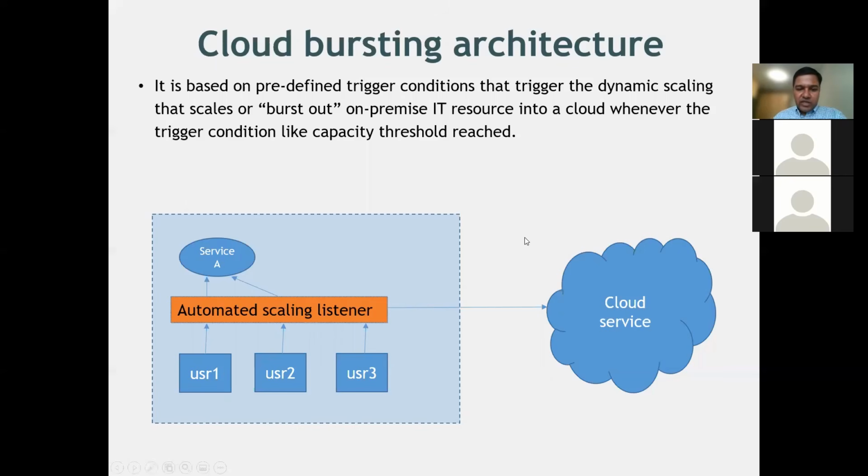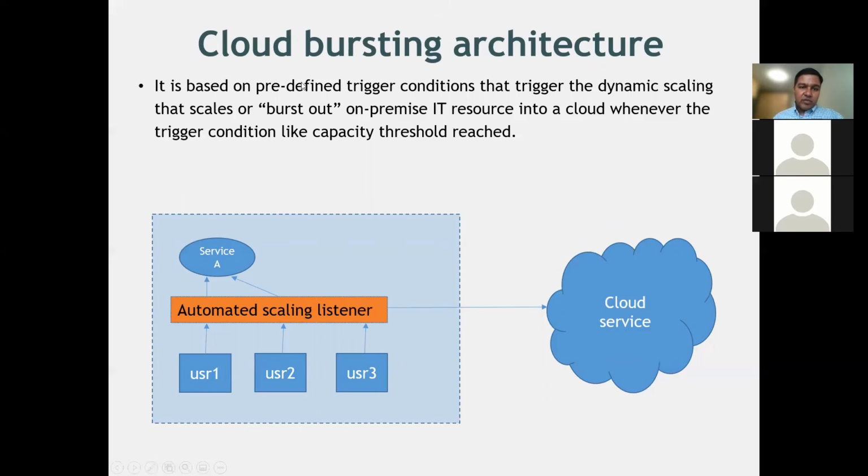So this is an on-premise network where many users are there, and if the automatic scale listener understands that the load is going beyond the capacity of my services, then it will directly recruit the cloud service, get the connection, and shift the load to the cloud, and that's how it can increase the capacity.